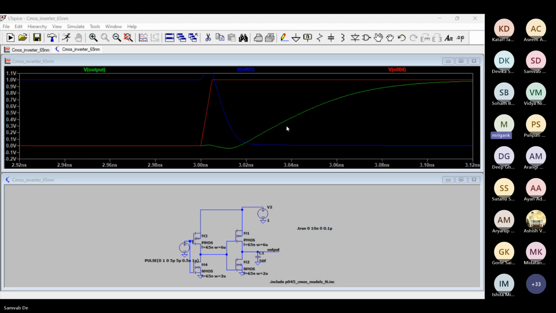Any other question? Sir, will there be any role of a probe capacitor as well? When we are not connecting any load capacitor separately, but when we are measuring, there will be some probe capacitance.